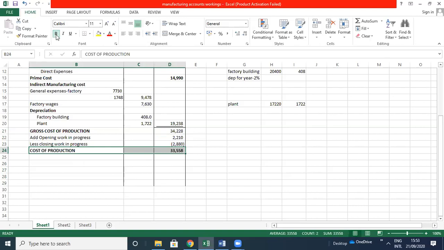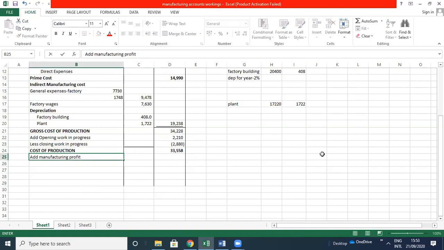Again there. From there, what have we been told on the profit? Manufacturing profit? Add manufacturing profit. Have we been told there was a manufacturing profit? Good people, you're not responding.